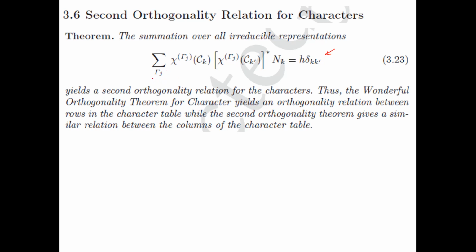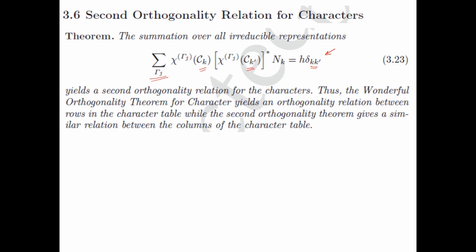So instead of summing over all classes, now you sum over all irreducible representations. These are the characters corresponding to different classes ck and ck prime for the same representation gamma j, and the result is equal to 0 unless I have the same class, ck equal to ck prime, k equal to k prime.